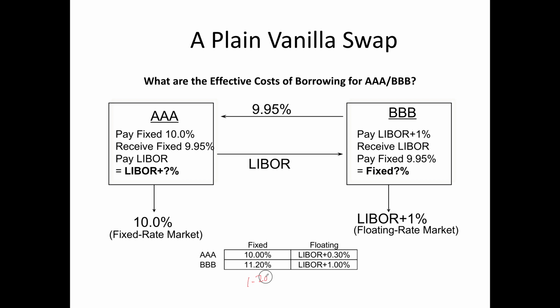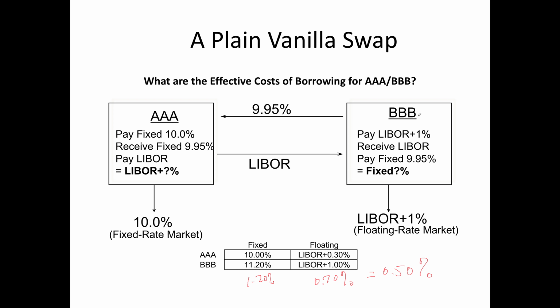First, look at the quality spread between AAA and triple B. Triple B pays 120 basis points more for fixed. For floating rate, they pay 0.70% more. So the difference between these two is 50 basis points. Now let's split that.